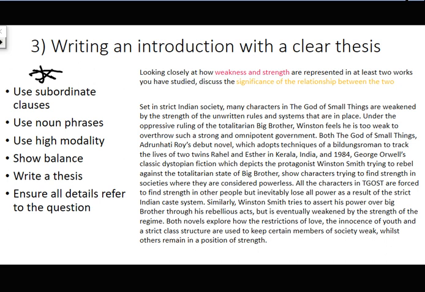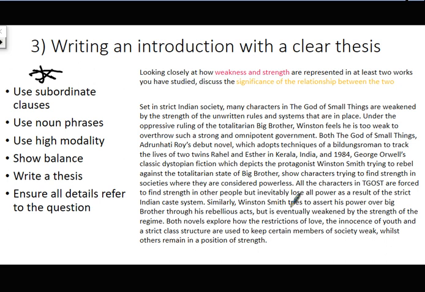High modality is really good. It makes you sound like you know what you're talking about. It makes you sound sure, and it's also a really good way of creating a thesis statement, which links to the fifth bullet point.